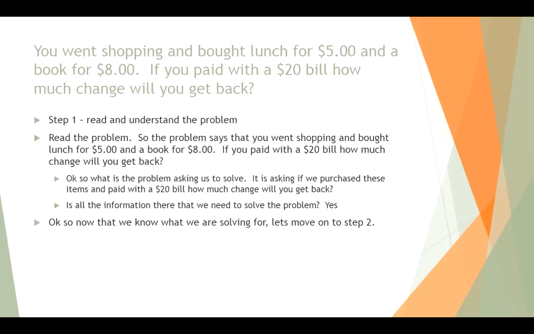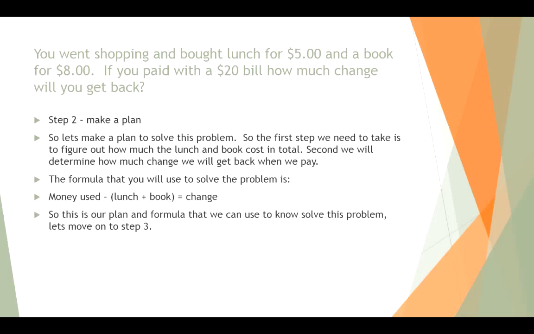Yes. Okay, so now that we know what we are solving for, let's move on to step 2 and create our plan to solve the problem. The first step we need to do is to figure out how much the lunch and the book cost in total. And then second, we will determine how much change we will get back when we pay.